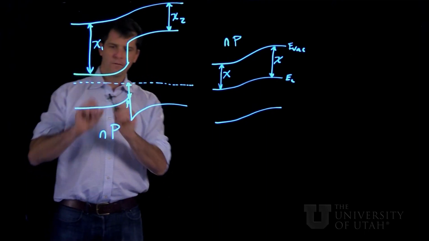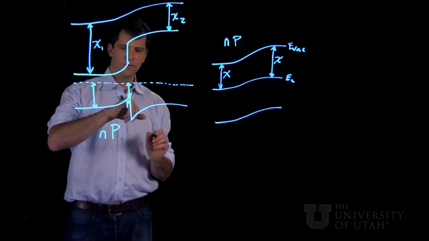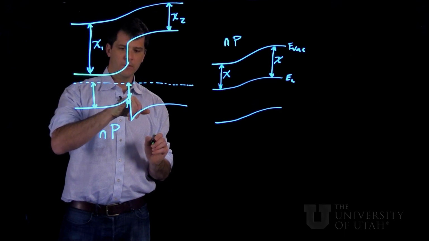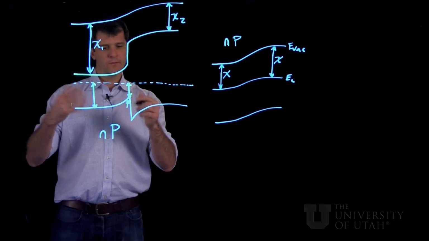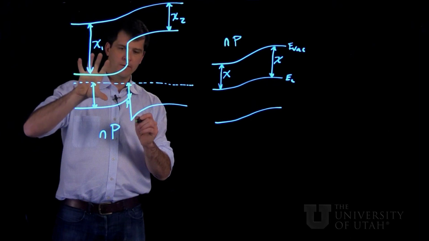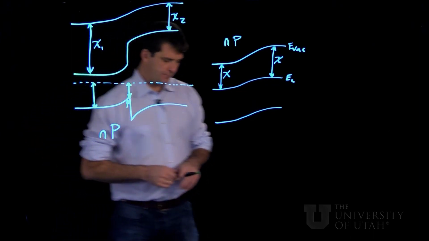So if this distance is smaller than out here, it means more holes will accumulate at this little notch in the band diagram here. So in this case, the holes are the minority carriers on the N-type side, so there aren't that many of them, and they don't change the band bending at all.